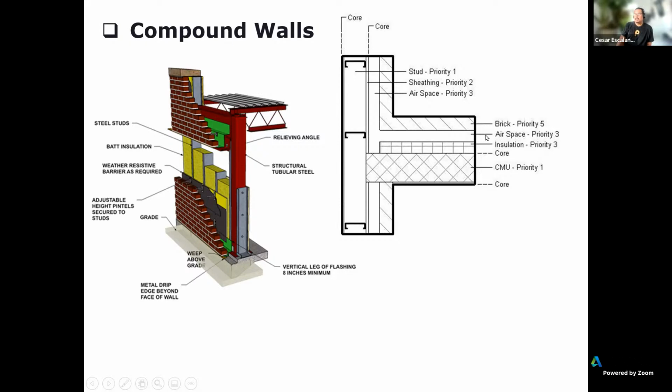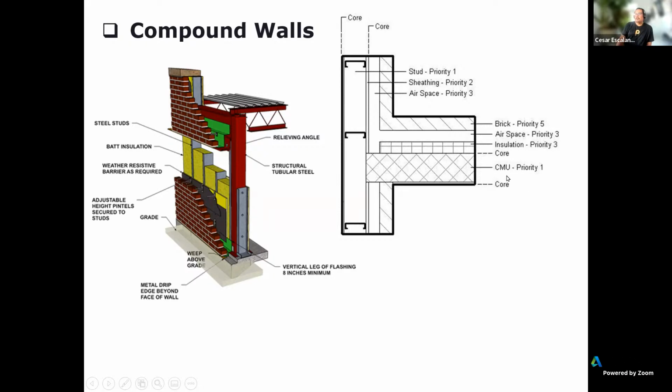The airspace of this partition connects very cleanly with the airspace of another partition, and that is thermal property priority number 3. Notice that this partition here does not have insulation. Because there's no material called insulation, this material priority 3 stops right here. It just cuts there.